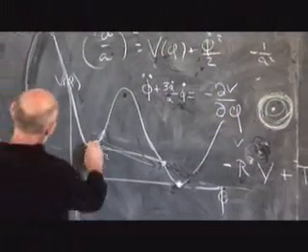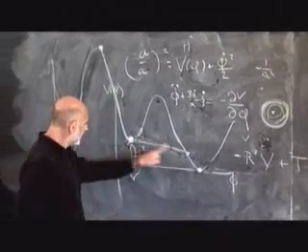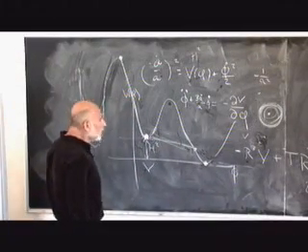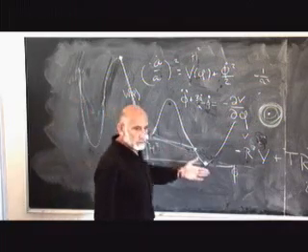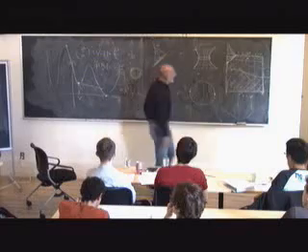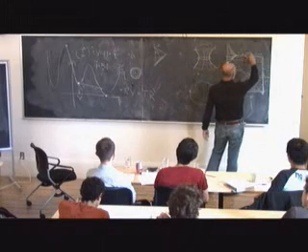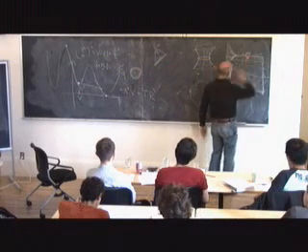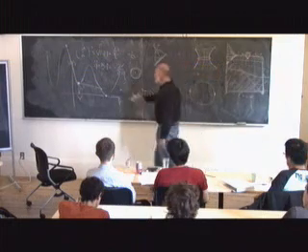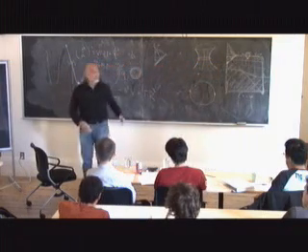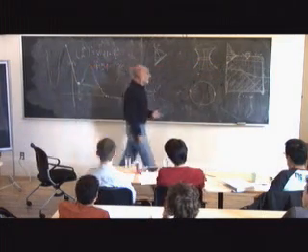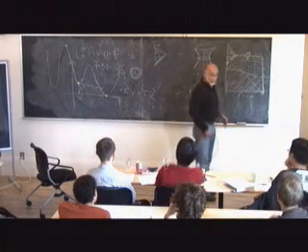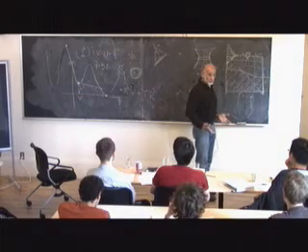If you somehow got over to here, you might tunnel this way, or you might tunnel this way. What you would see would be different depending on which way you tunnel. So there would be other bubbles with different properties. Depending on how rich this landscape is, the richness of this collection of bubbles up here can be arbitrarily rich.